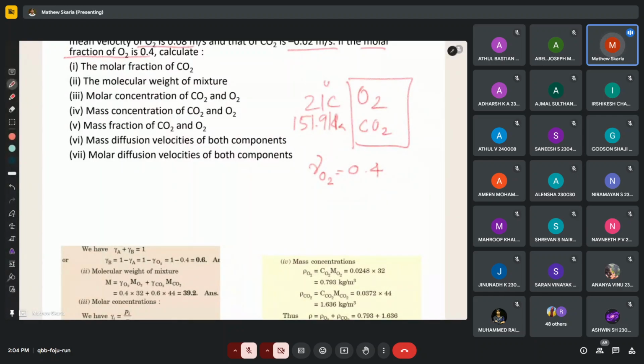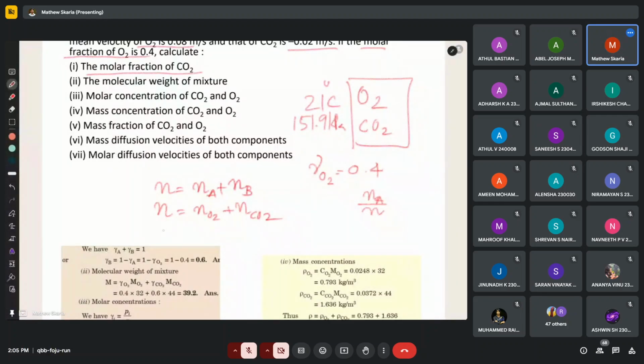Calculate the molar fraction of carbon dioxide. Carbon dioxide molar fraction കണ്ടുപിടിക്കണം. So molar fraction നമുക്കറിയാം it is Na by N ആണ്. So നമുക്ക് വീണ്ടും അറിയാം, N is equal to Na plus Nb. രണ്ട് ഗ്യാസ് എടുക്കാണ് N is equal to NO2 plus NCO2, carbon dioxide.